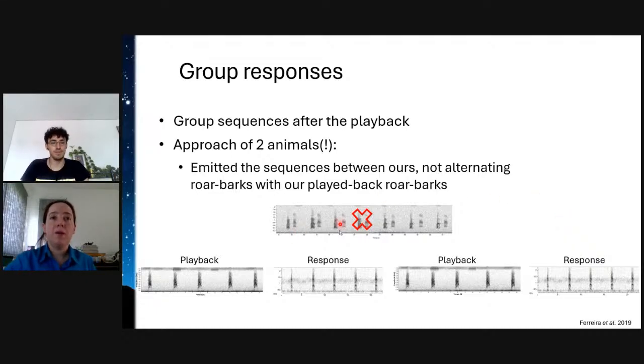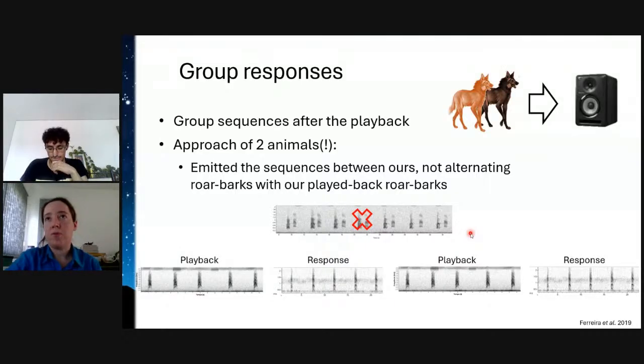So this intercalation of raw barks is maybe not for territorial defense, maybe for a more specific function.